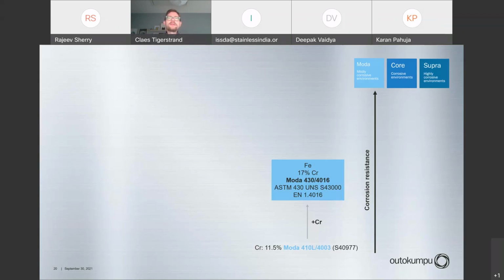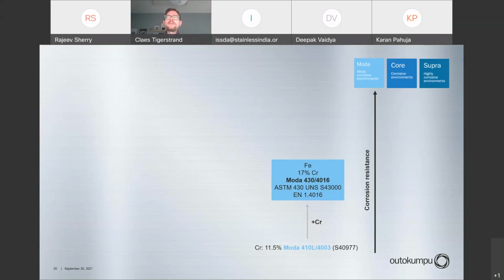There you have typically 11.5% chromium. So you are just above the limit, so you make sure you can create the chromium oxide layer on top of the steel there. But of course, a limited corrosion resistance.